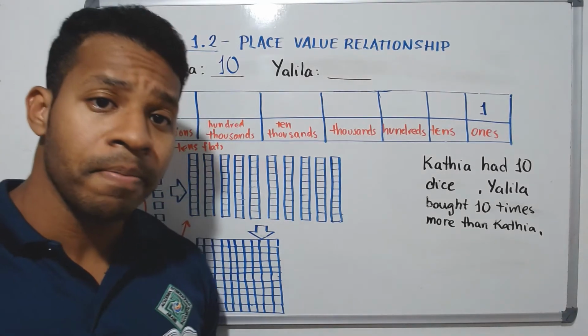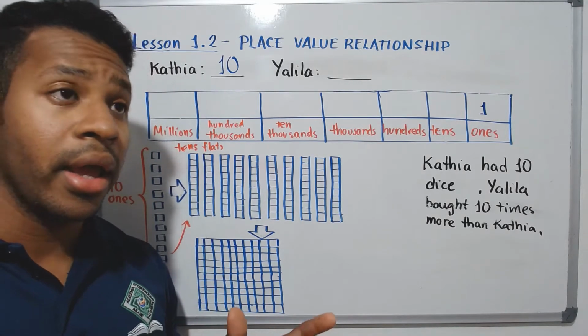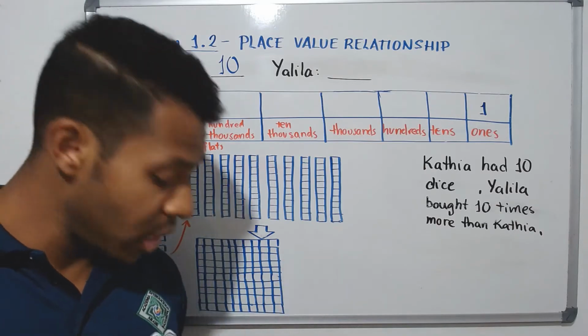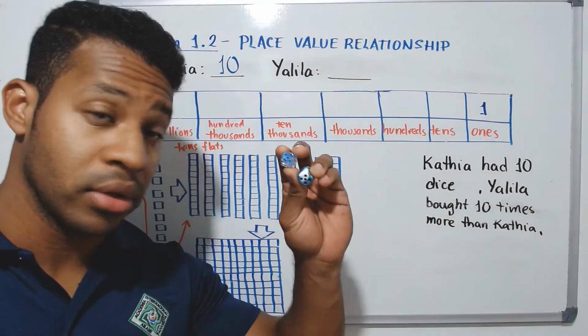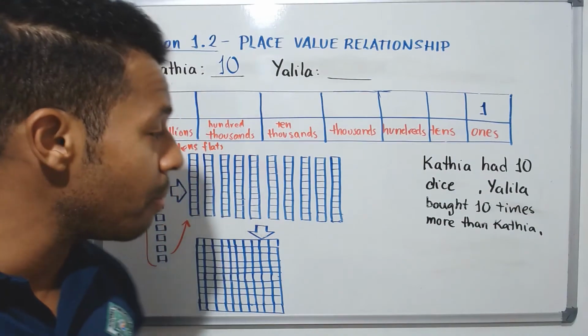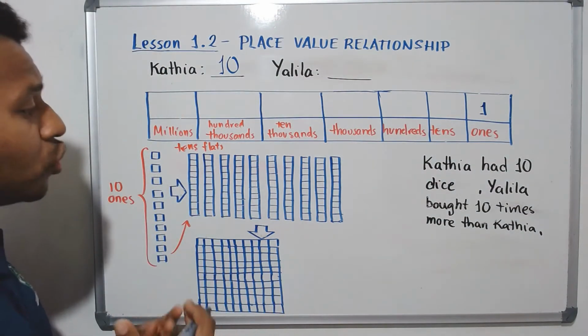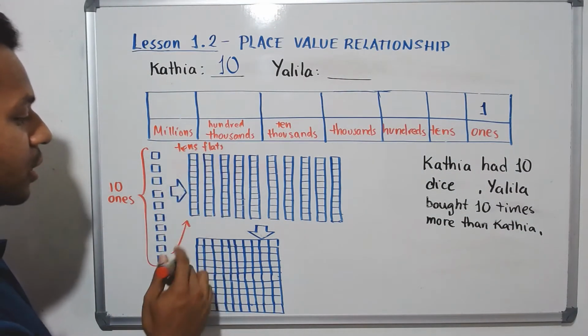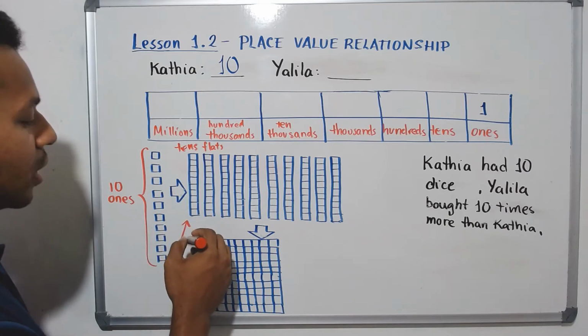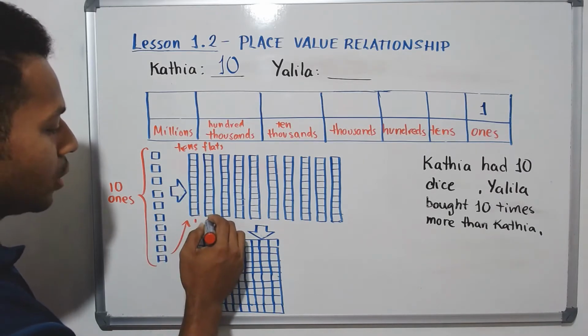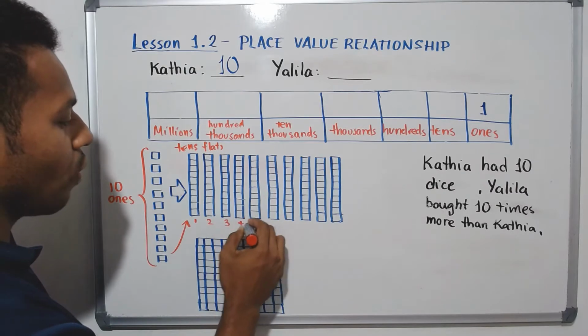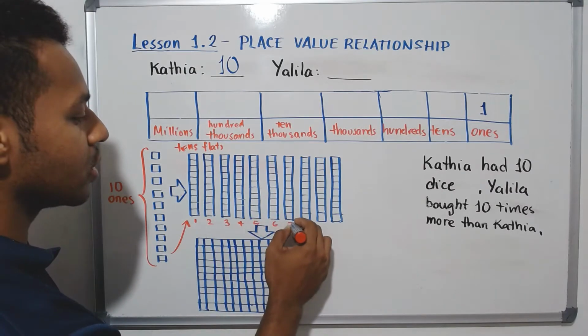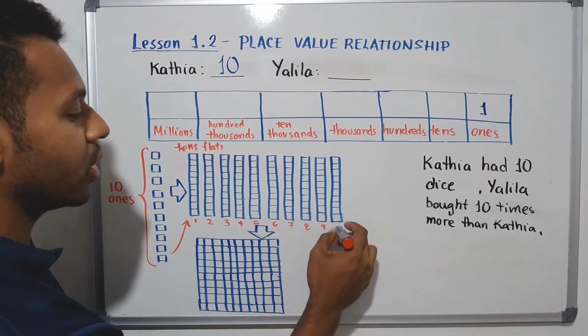To find 10 times as many dice that Jalila has, let's group together tens flats. 1, 2, 3, 4, 5, 6, 7, 8, 9, and 10.